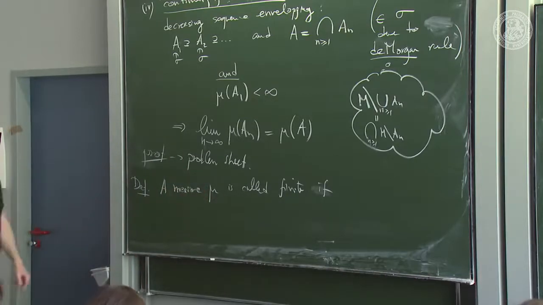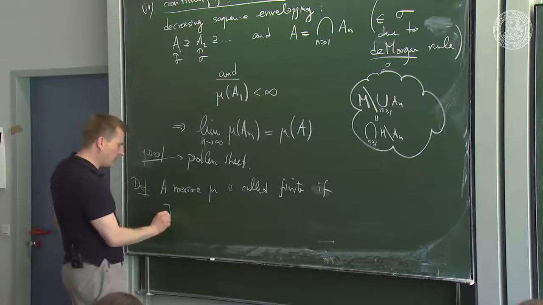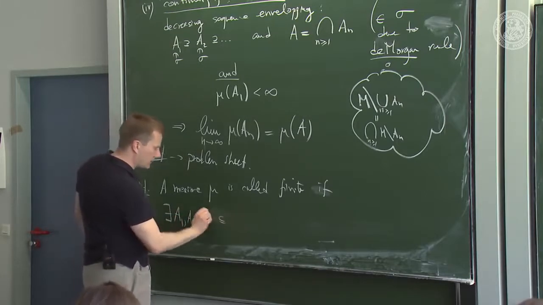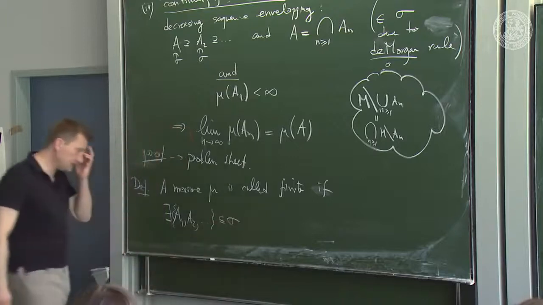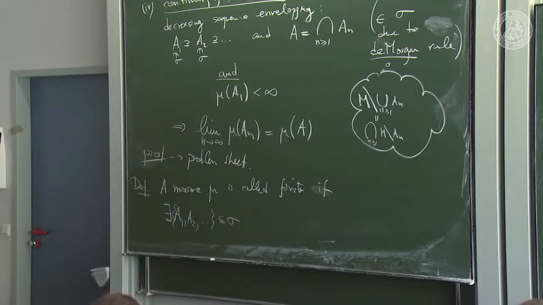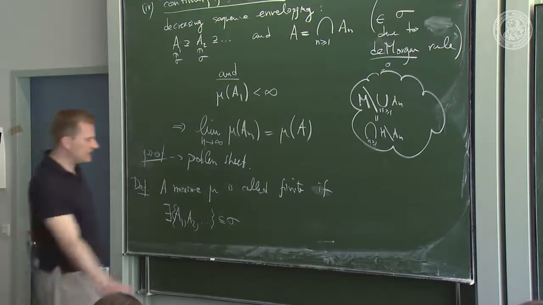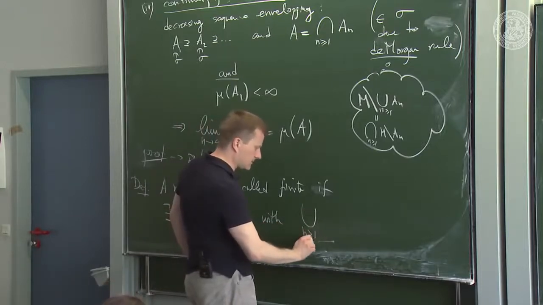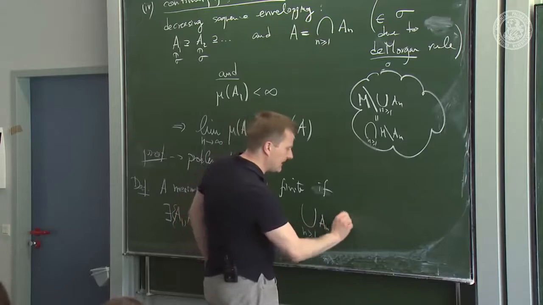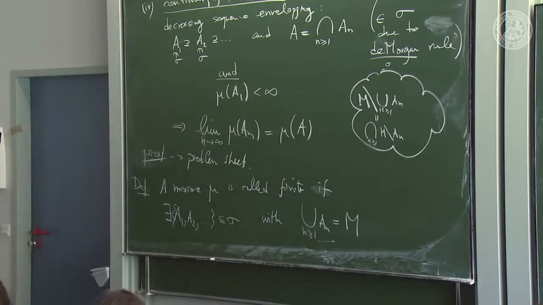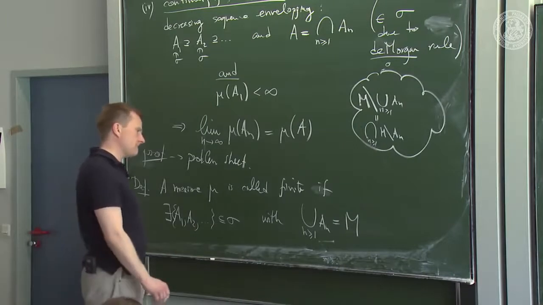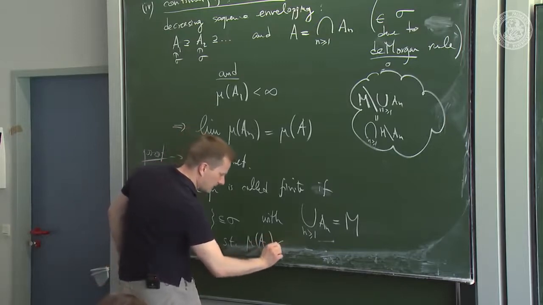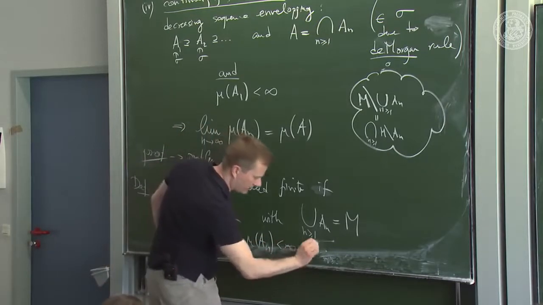So a measure mu is called finite if, and now it's not for all, but if there exists a sequence A1, A2, and so on of measurable sets such that if you now really exhaust, with the union over n greater equal to 1 of the A_n, you really hit the entire space, such that mu of A_n is finite for all n in N.